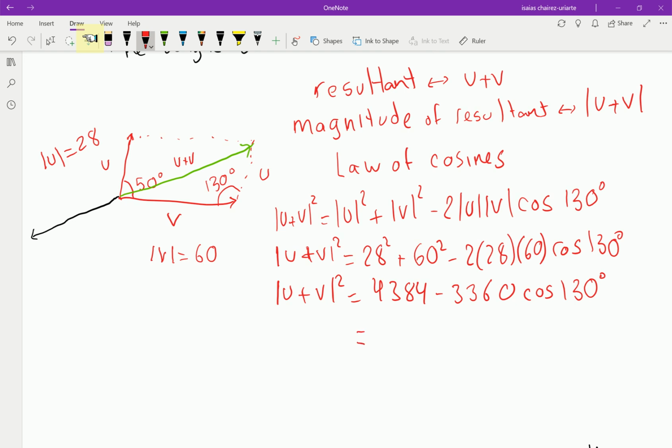Now I have this: 4384 minus 215.9766. So then finally I have that the magnitude of the resultant squared is equal to 4,599.97666.